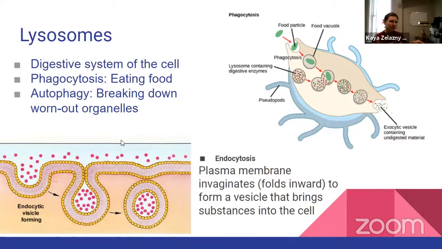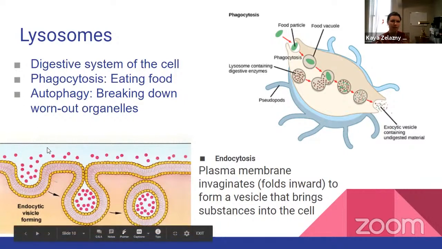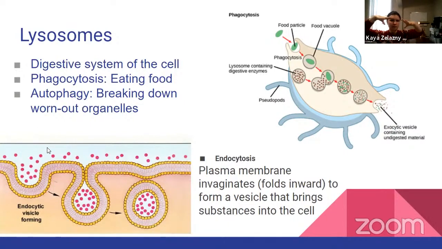And what I mean by that is if we take something in through bulk transport, through endocytosis, so we have our cell membrane, some little thing bumps into it, and maybe we're a one-celled organism and we want to eat it, right? So we want to eat this, I don't know, bacteria we ran into or something. We're going to fold our membrane in. We're then going to peel off that bubble and pull it into the cell.